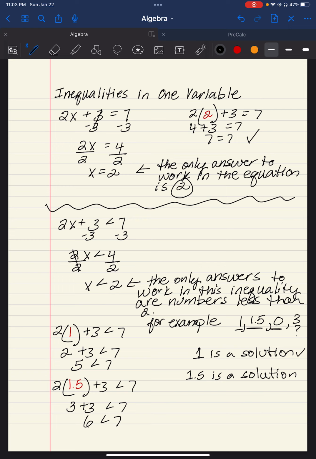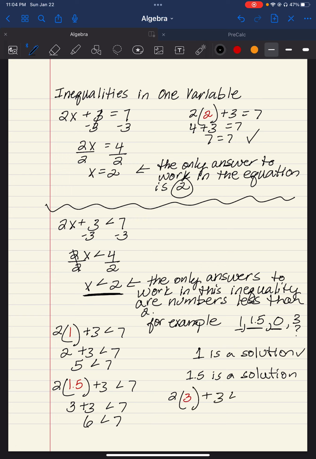But watch what happens when we plug in 3. 3 is bigger than 2. And we're saying we are only allowed solutions less than 2. Well, what happens if we plug in a solution bigger than 2? If we say, okay, pick a number bigger than 2, in this case 3. So we're going to go 2 times 3. I'm going to plug that number in and see what happens.